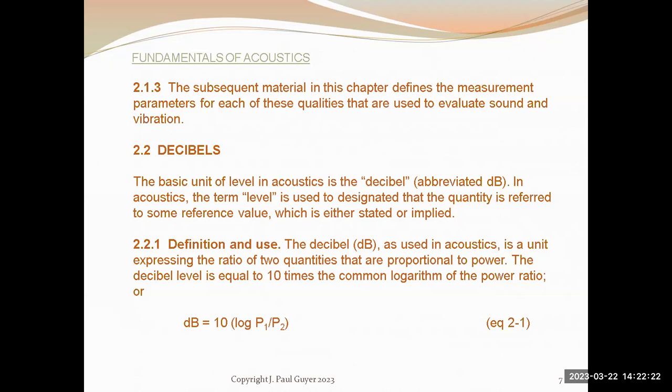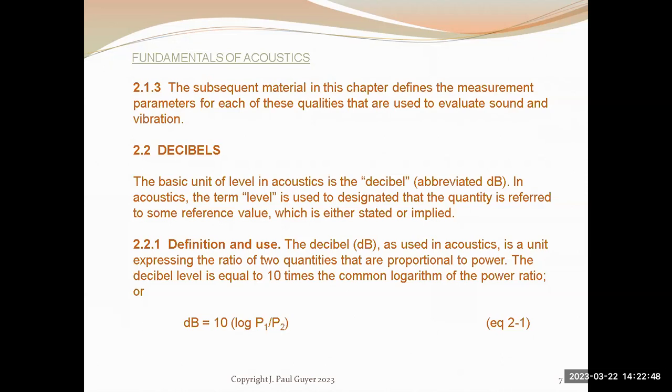Well, you have to measure sound, and you may already have come across this standardized way of defining the level of acoustics, and that is the unit is the decibel, which is abbreviated dB.